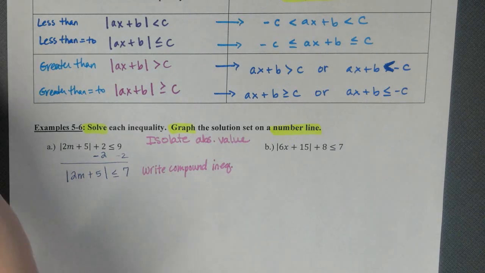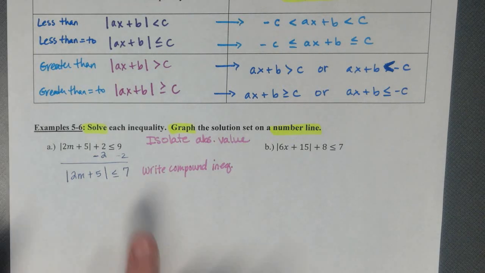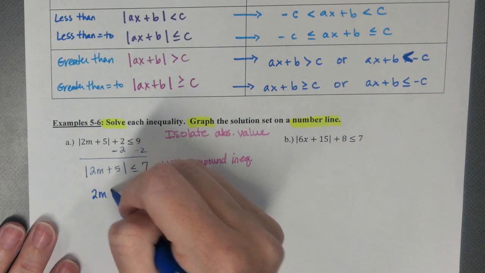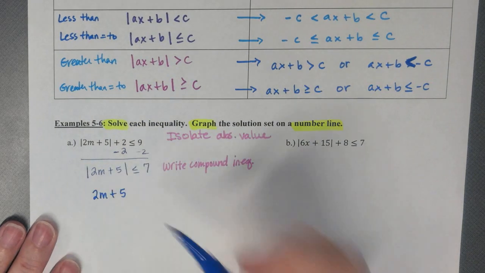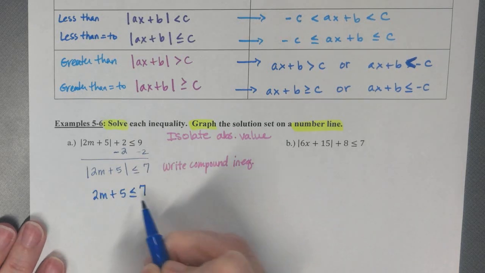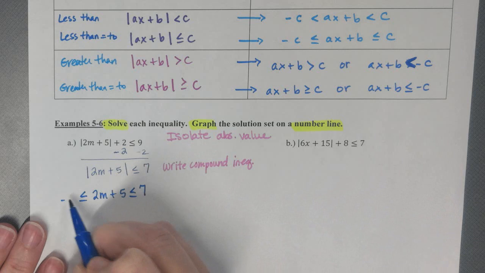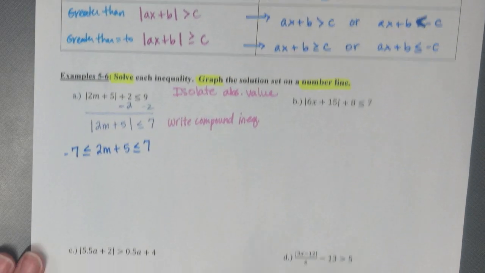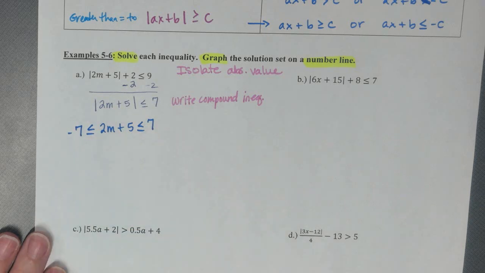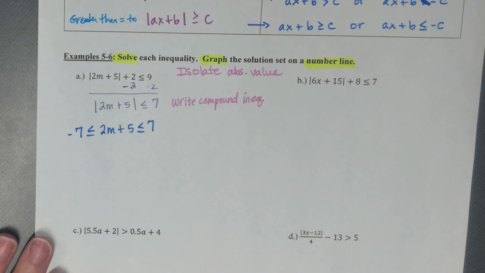In this case, our c is 7. We're always going to start with what's inside the absolute value in the middle. Less than or equal to 7 and greater than or equal to negative 7. Notice this part is the same. You just have to tack that negative 7 on there, and then we're going to solve.